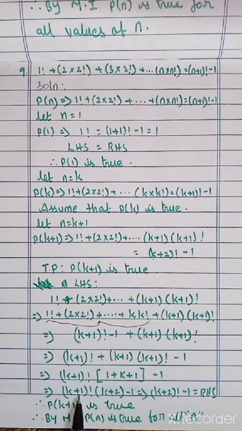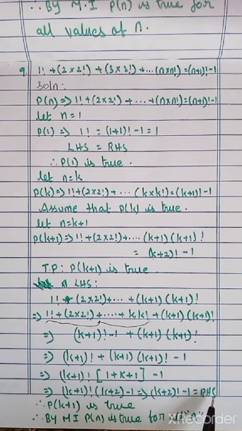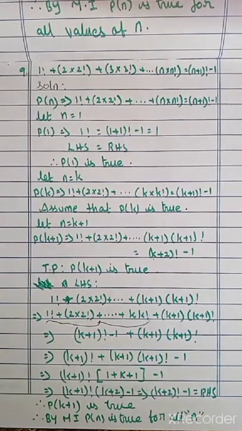Now n factorial into (n plus 1) becomes the bigger number factorial. So (k plus 1) factorial into (k plus 2), and k plus 2 is the bigger number, so we can write this as (k plus 2) factorial minus 1. This only we want to prove here. That is your right hand side. Therefore, P of k plus 1 is true. Therefore, by mathematical induction, P of n is true for all values of n.